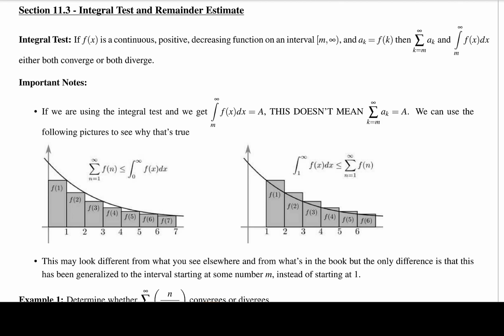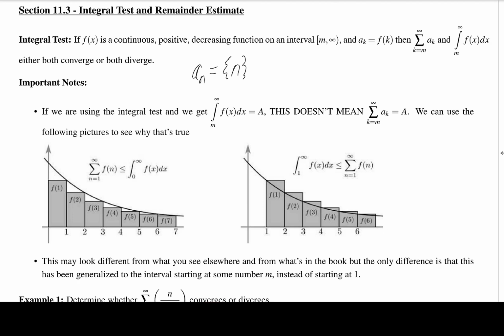Alright, so what's important to notice here is that we use the integral test whenever our sequence is made up of only positive terms. So we'll have some sequence. Let's say we have something like a sub n equals n. This is the sequence 1, 2, 3, 4, 5, 6.